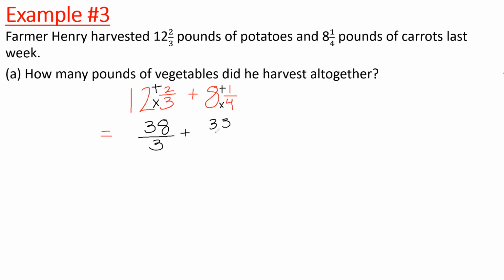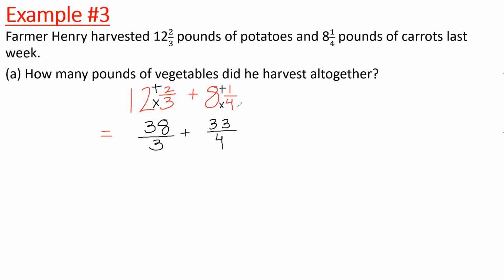So it's going to be 33 over 4. Again, 8 times 4 is 32, plus 1 is 33. So we have 33 over 4.